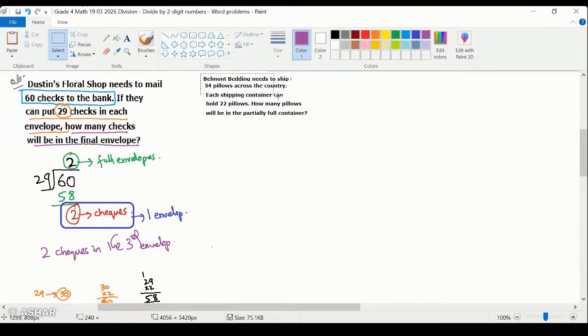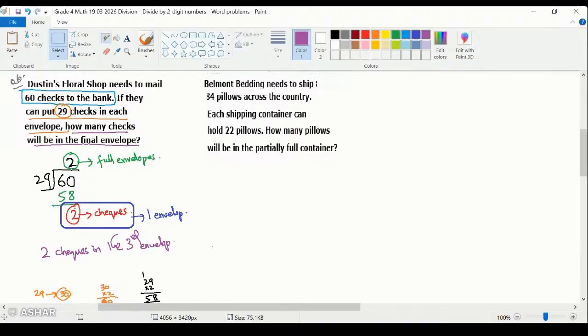Let's see. Or a box. Question number 7 says Belmont Bedding needs to ship 84 pillows across the country. Each shipping container or box can hold 22 pillows.